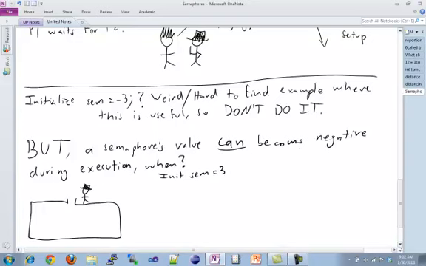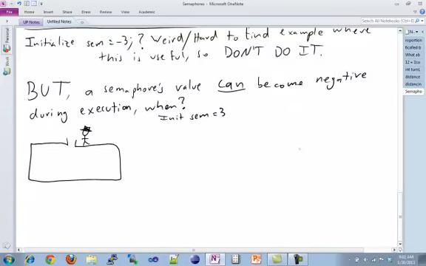Because we initialize it to 3, we all know that means that at most 3 processes can enter the critical section, can be inside this room at the same time. So let's assume P1 calls wait. Wait is going to decrement the value of semaphore, sem becomes 2, and then we check that 2 is greater than or equal to 0, and because it is, P1 can go in.